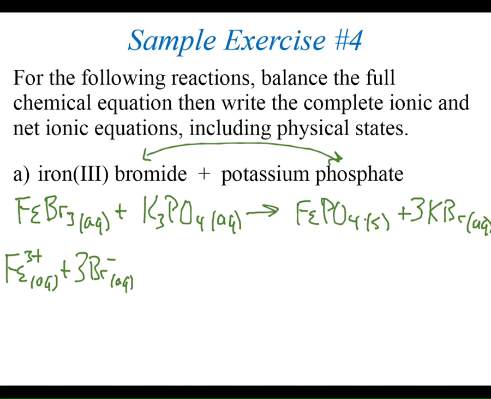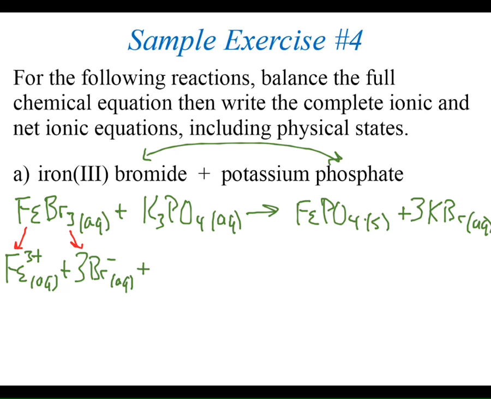Let me just show you that very clearly, right? So 3, right? So there's the 3 bromides, there's the iron. Okay? What does the K3PO4 dissociate into? What is it? Take a guess.